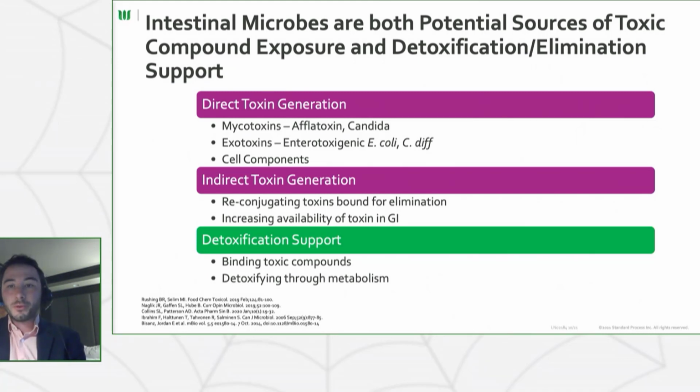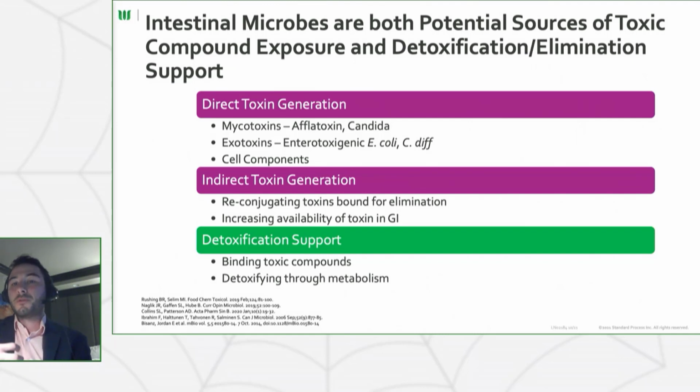Then you have the bacterial ones, Clostridium difficile and enterotoxigenic E. coli. Those can directly produce exotoxins in the lower GI tract. And the components of these cells can drive a lot of that inflammatory response. The cell layer of a lot of these problematic species has what's called a lipopolysaccharide that drives inflammatory responses.